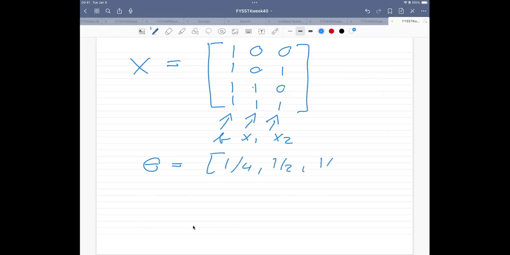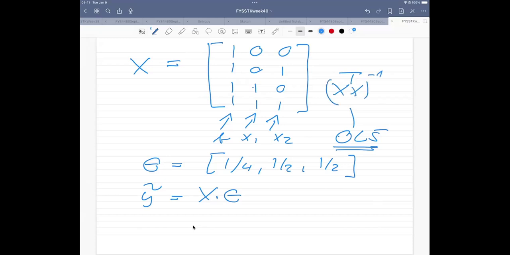You can do this by hand almost. And that means that y theta, the prediction I make, is X times theta. So this is just linear regression, ordinary least squares. I'm just taking X transpose times X, I invert it and multiply with X transpose and y. So this is a pretty straightforward exercise.